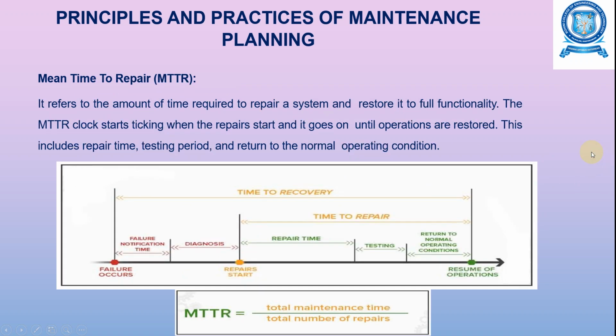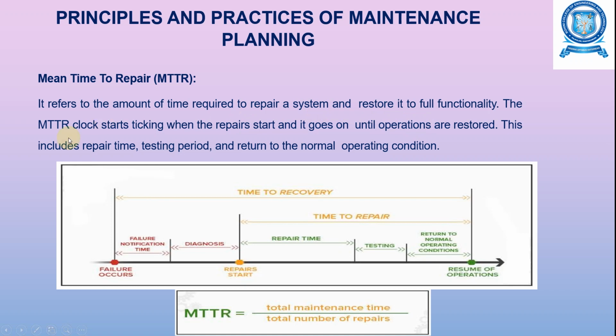And next is mean time to repair. MTTR refers to the amount of time required to repair a system and to restore its full functionality. So that is mean time to repair.